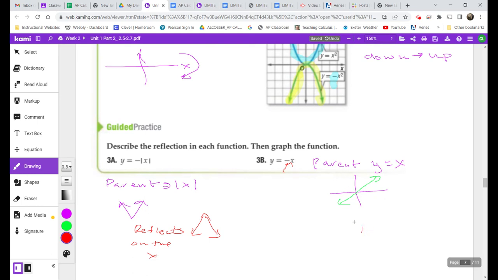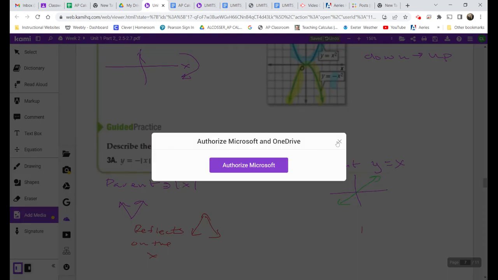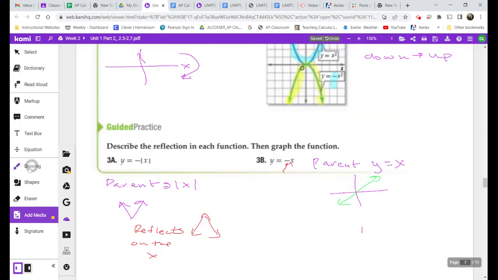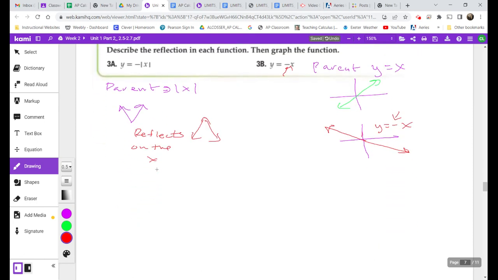So my new one, let me draw purple again. I'll do purple for the XY axis again. But now it's going to tell us to flip it. So what's pointing up now points down. And what points down now points up. So that's my new y equals negative x. So anytime it's out in front, it reflects over the x-axis.